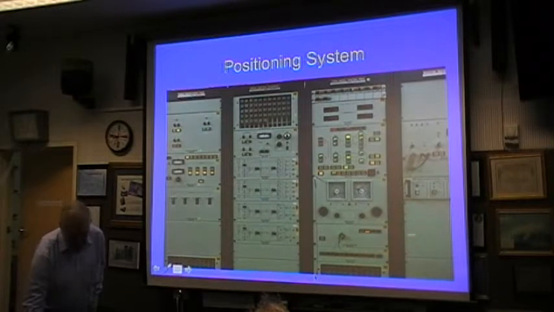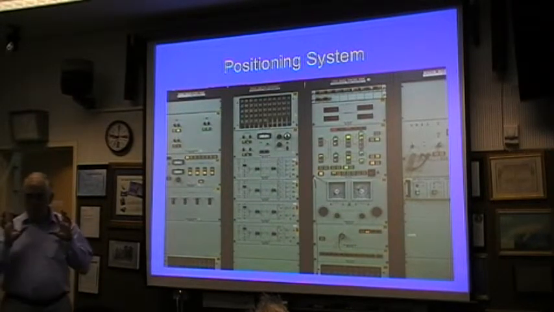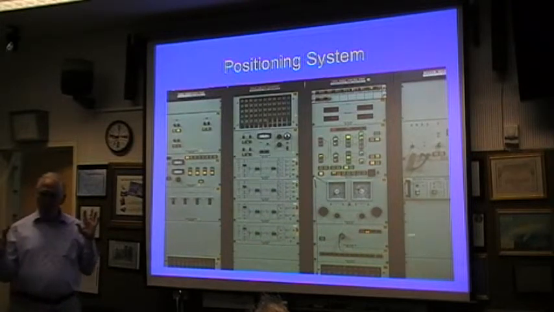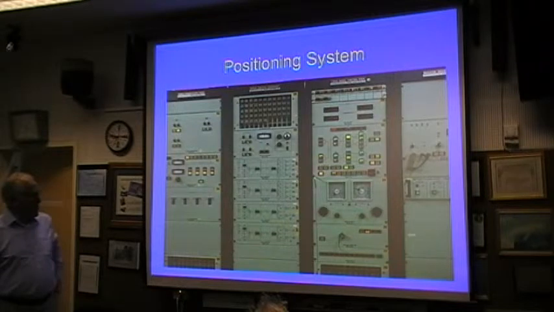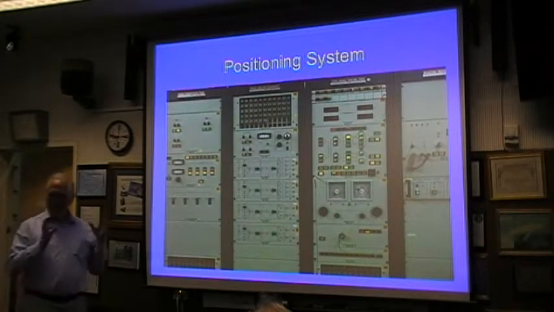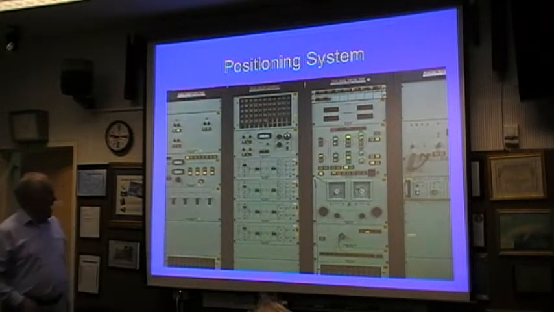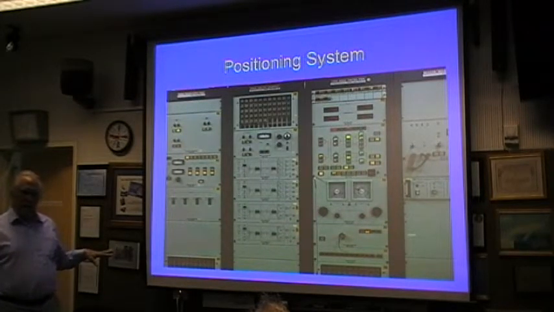Now this is starting to get more interesting. This is part of the tracking system, the positioning system, because remember it was for geostationary satellites. One of the guys on the team at Goonhilly explained that you need to be able to track things if you're going to look at satellites and space. This is a part of the control system. It's 1984 vintage.